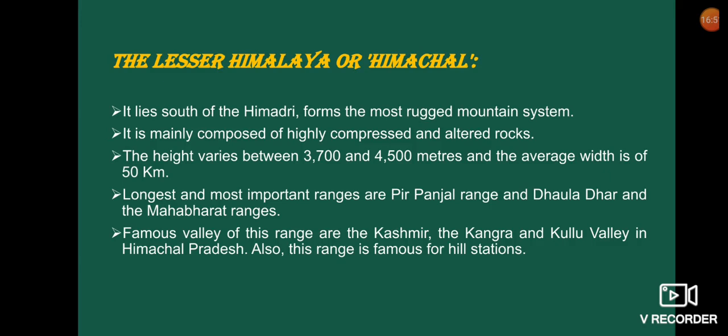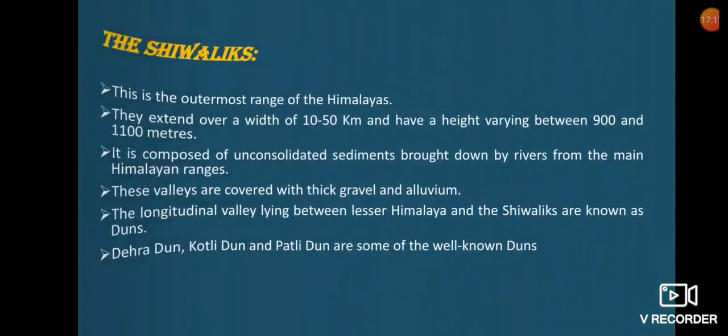The longest and most important ranges here are the Pir Panjal range, the Dhauladhar, as well as the Mahabharata ranges. The famous valleys of this range are the Kashmir Valley, the Kangra Valley, and the Kullu Valley in Himachal Pradesh. Also, this range is famous for its hill stations.